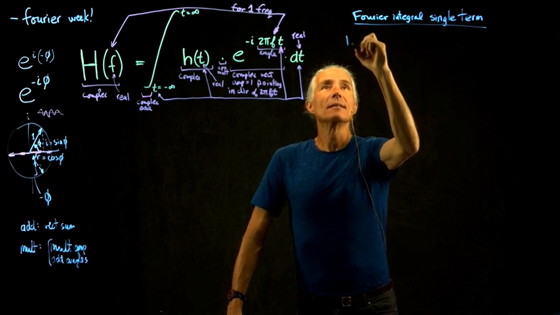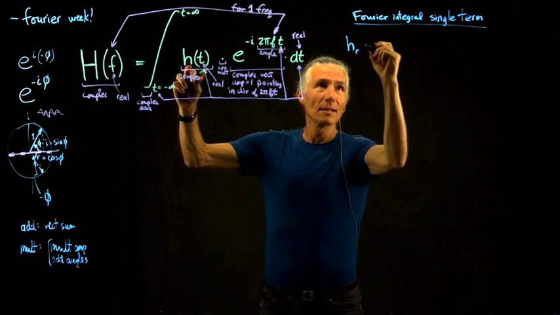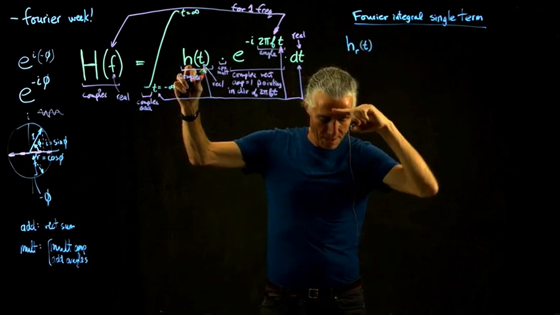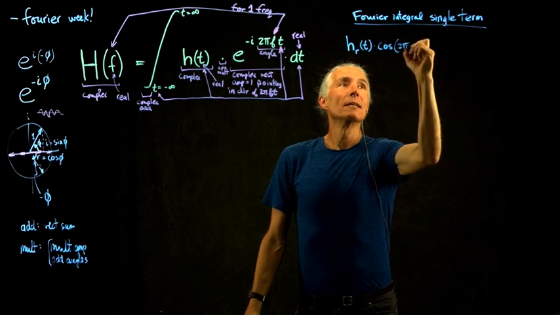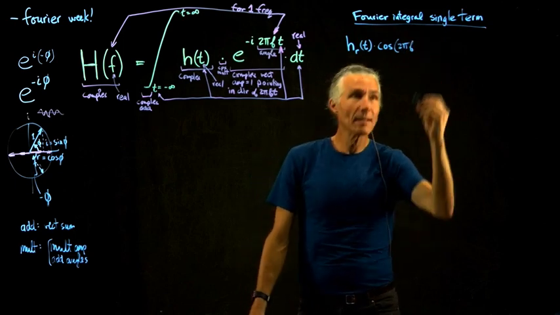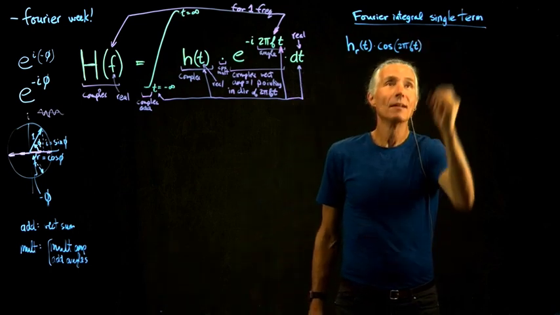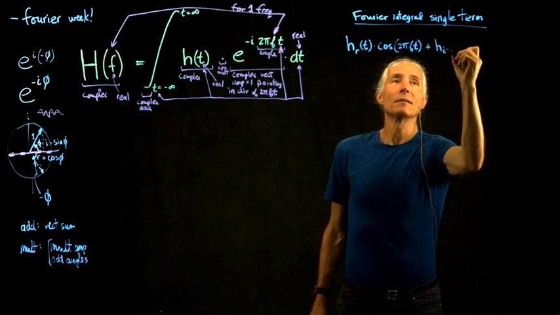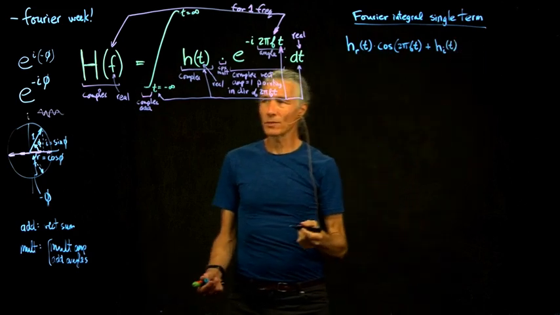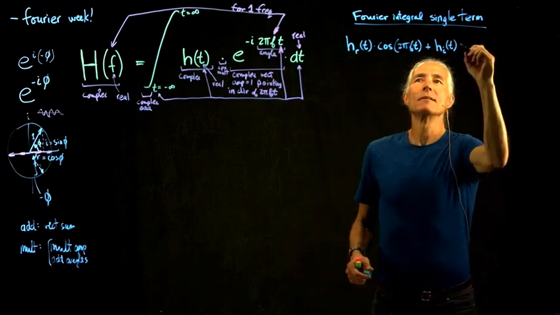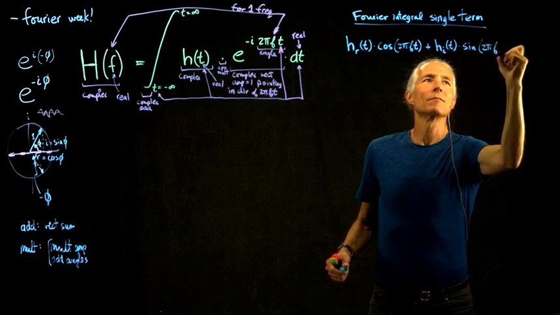And so it's starting off with the real part of this signal at a particular point in time, and then we multiply by the cosine of 2 pi f t, that whole mess, and then plus the imaginary part of the signal at a point in time, which in the case of a real signal would be 0, times the sine of 2 pi frequency t.